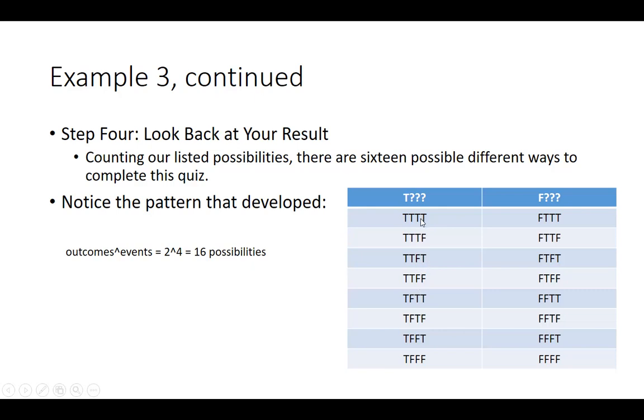And then the ones that were true in the 3rd spot, half of those are true, half of those are false. So there's this alternating pattern that developed here. But as far as the example here goes, we were tasked with coming up with how many different possible ways there are, and we came up with our 16 by listing them all out, trying to be diligent that we're not missing any, also that we're not repeating any.